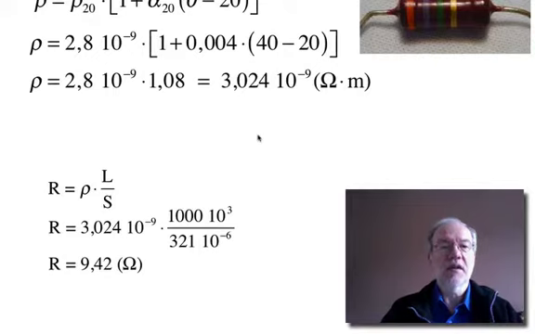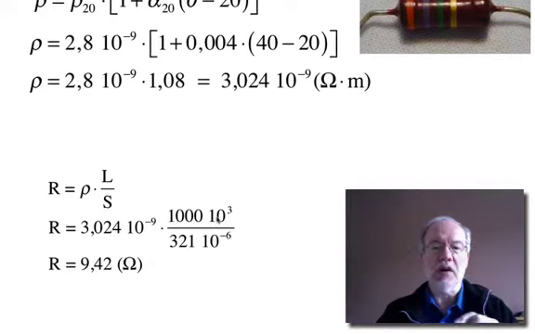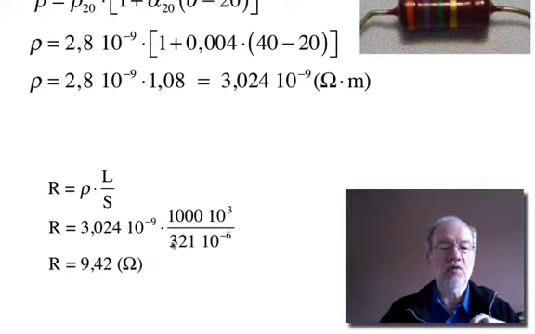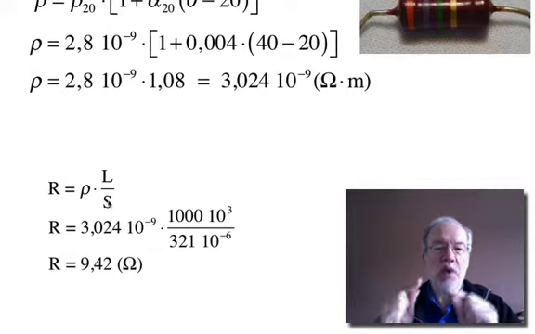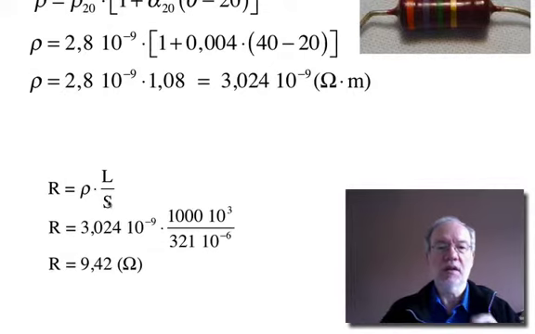Don't forget, in this solution, you need to transform 1,000 kilometer to meter, and we need to transform the surface to meter square. You obtain this resistance, a very low resistance.